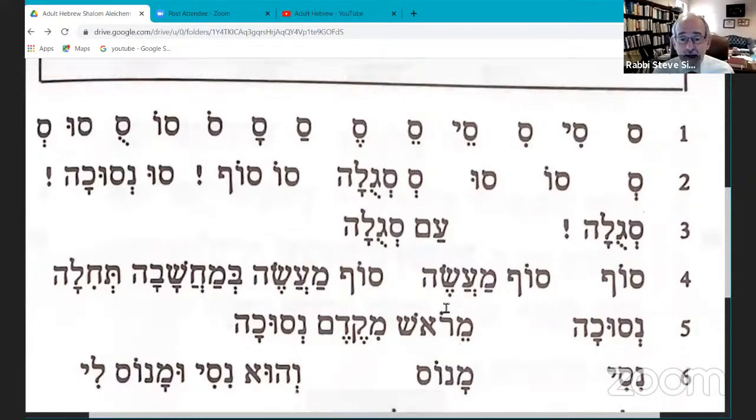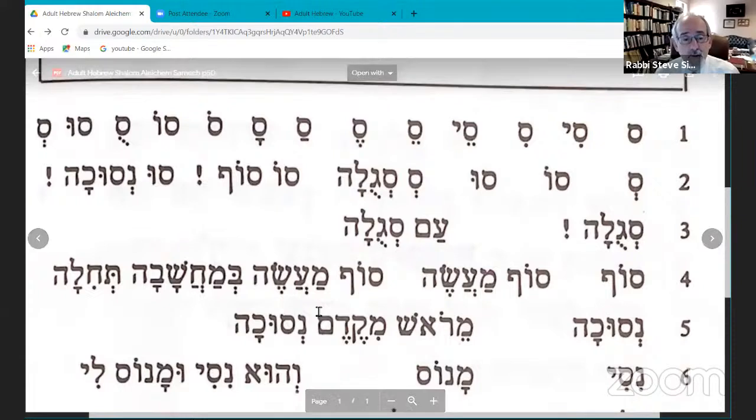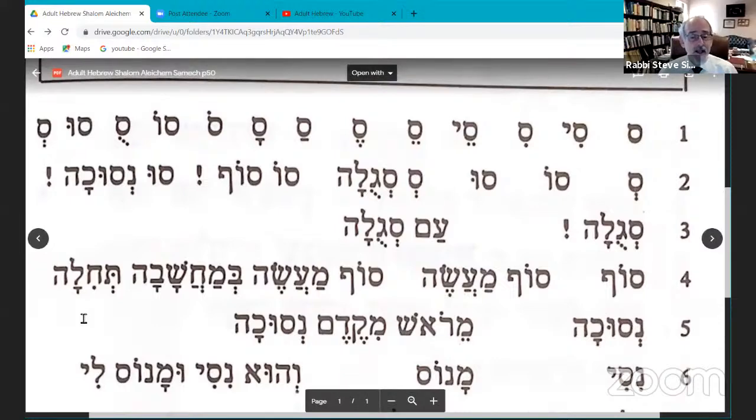Line 4. Soph ma'aseh b'macha shava techila.